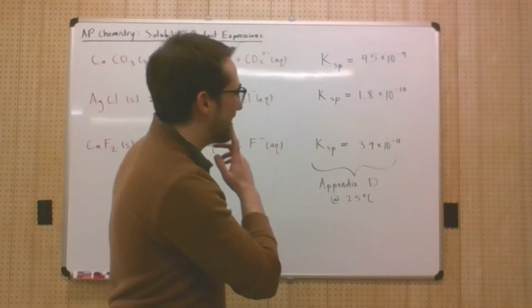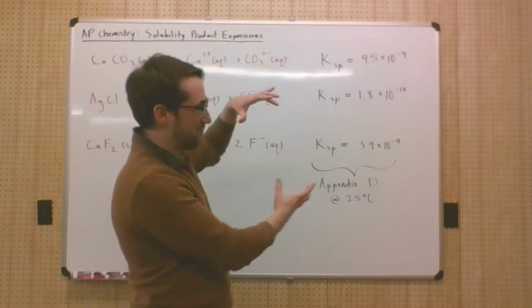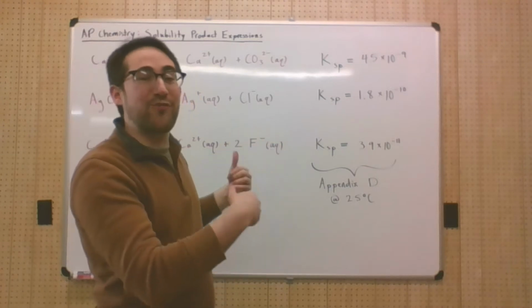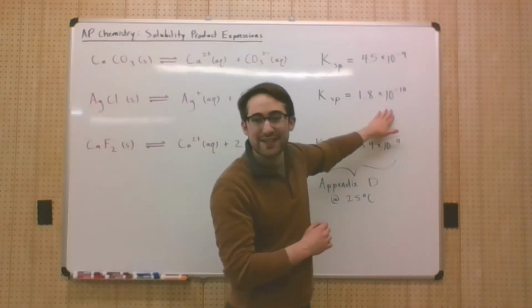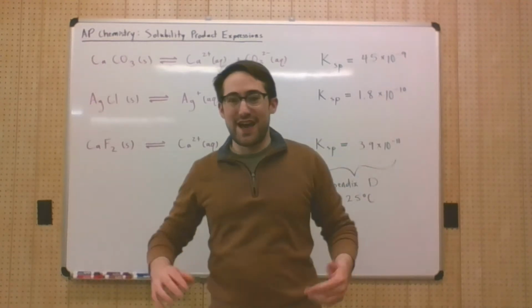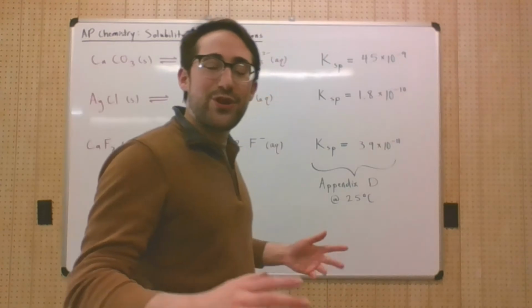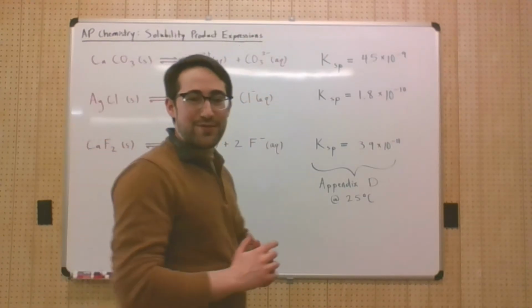Now we also can say if we've got something that is very much less than 1, something with a 10 to the negative attached to it, that's a good sign that we are hanging back towards the reactant. And that's what we see with a lot of solubility product constants. So these are just a couple of examples.